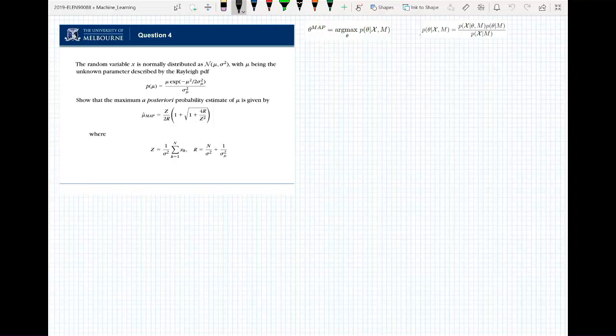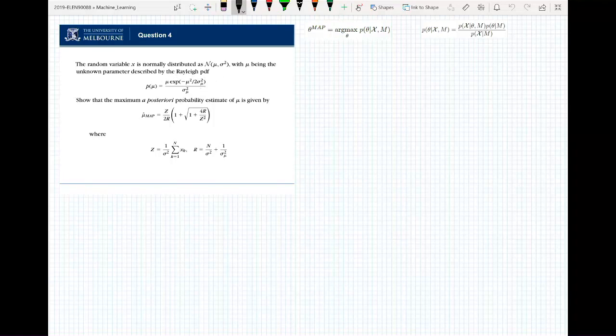So we have a random variable, x, that is normally distributed, right? With mu being the unknown parameter, so the mean of the normal distribution, which is defined by the Rayleigh PDF, Rayleigh distribution. That's also given.